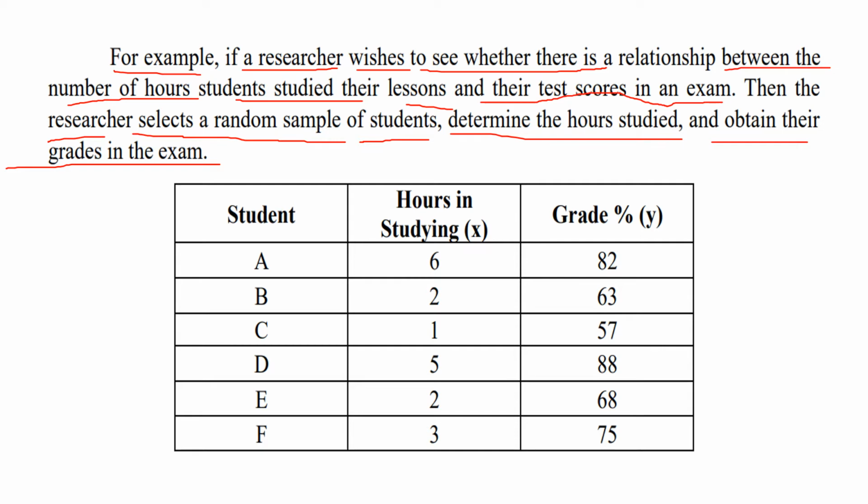There's a typographical error here. In this table you can see students A, B, C, D, E, and F, and the second column represents the number of hours studying: 6, 2, 1, 5, 2, 3, and the grades: 82, 63, 57, 88, 68, and 75.